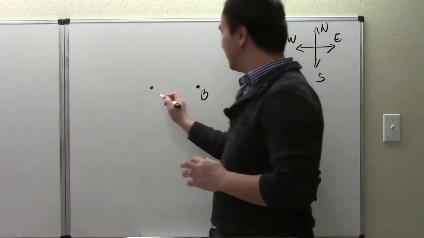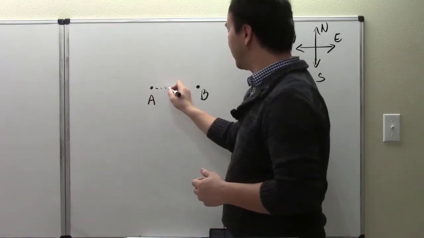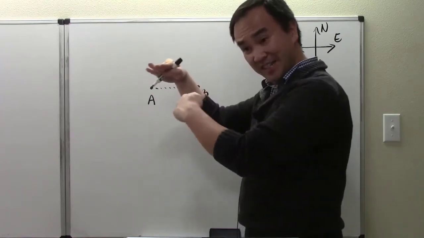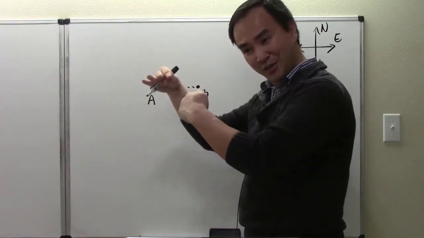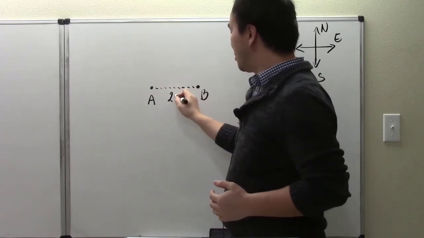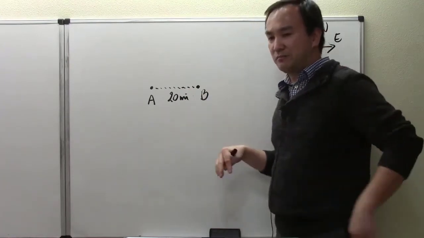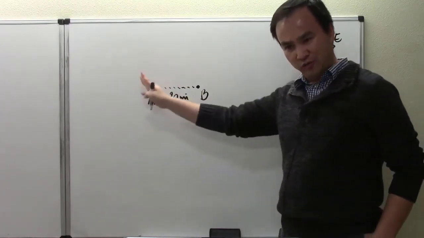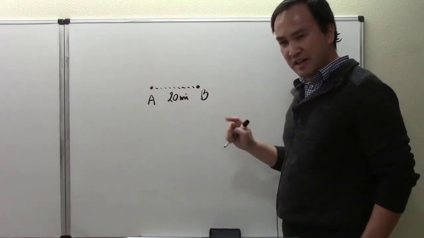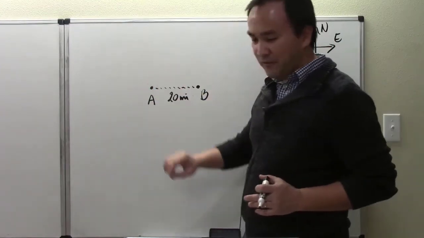So I call that ship A right here, and this distance is right at that time point at noon. We knew that these 2 ships are 20 nautical miles apart, and still allow me to just use miles. Of course, we're on the ocean, on the sea, so it's nautical miles by default. So that's the first information we knew.